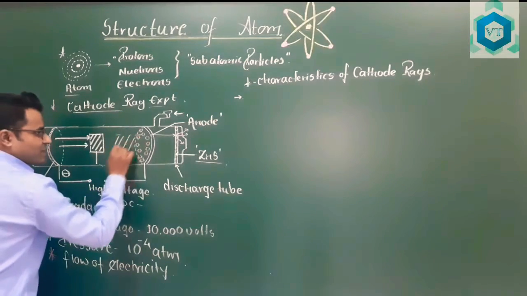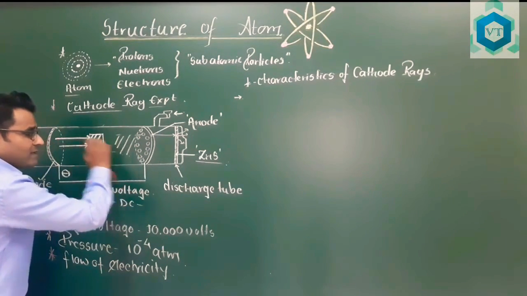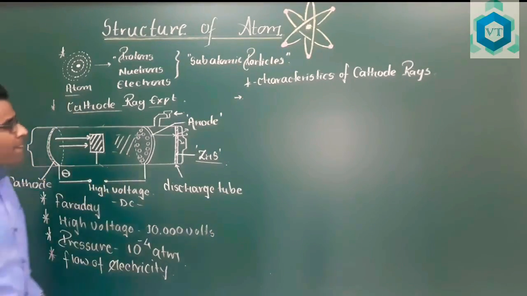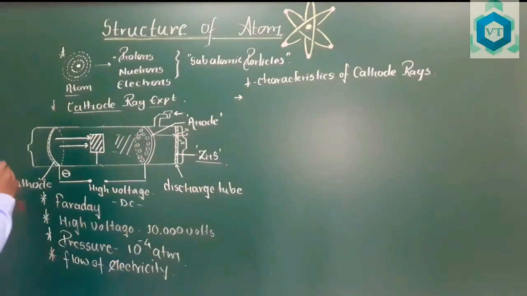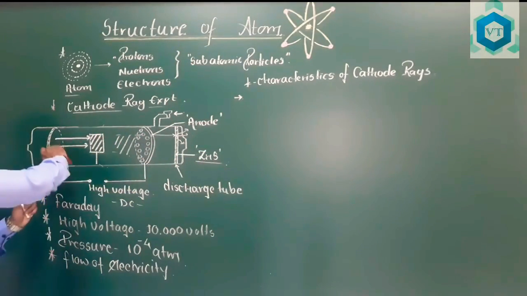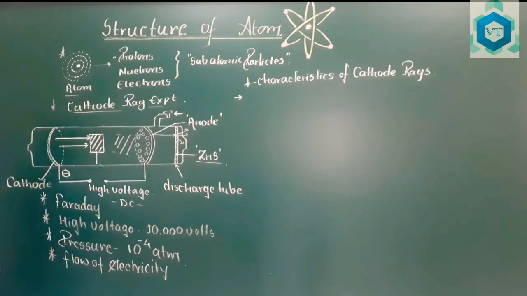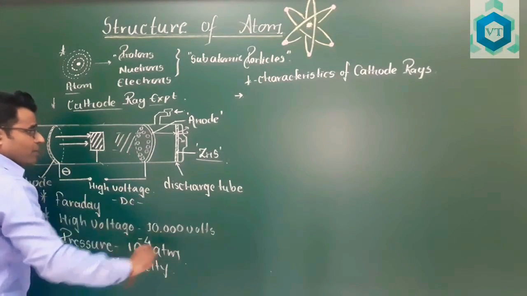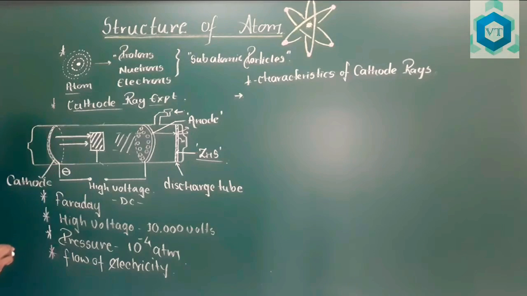It gave rise to a shadow in the direction opposite to that of the flow of cathode rays. So the first point says that it imparts a shadow in a direction opposite to that of the cathode.